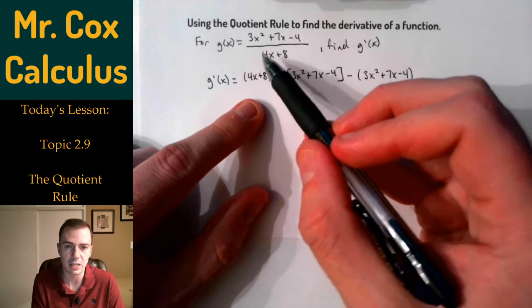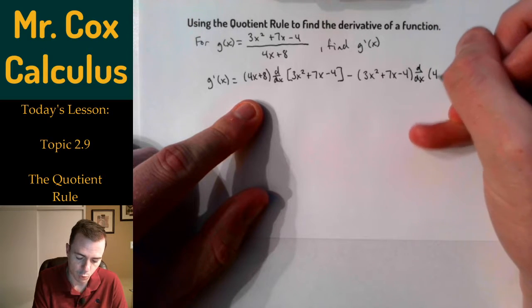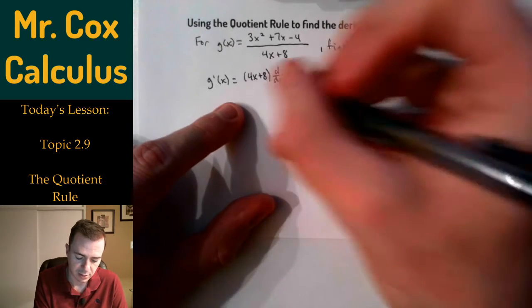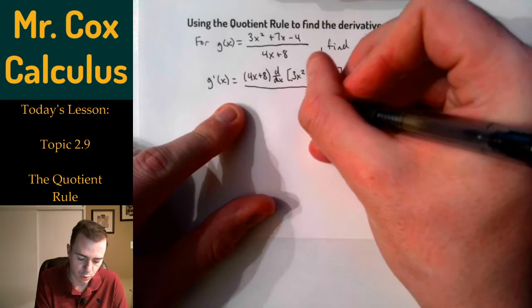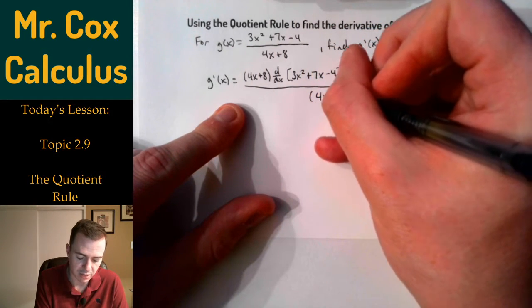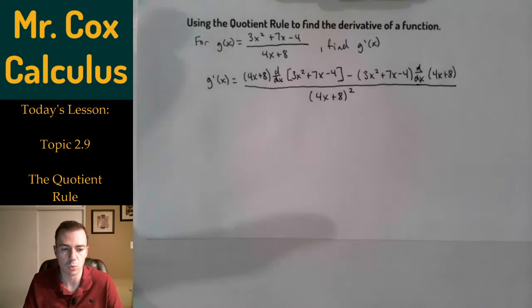So d low would be the derivative of 4x plus 8, and it is all over low squared, or 4x plus 8 quantity squared. There's your quotient rule expressed.